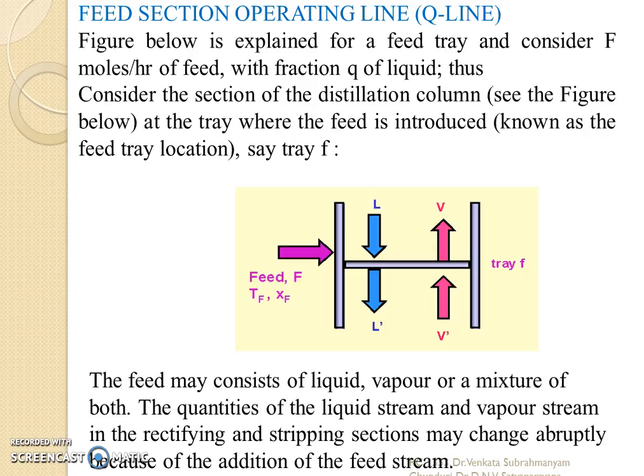The feed enters at a particular plate, called the feed position. If the feed is F moles, L moles come from the rectification section and some moles are added to this, so the moles become L' in the stripping section. Similarly, V' and V.